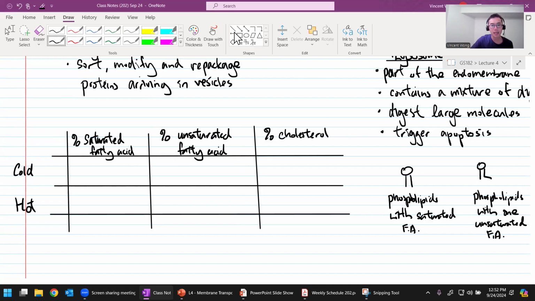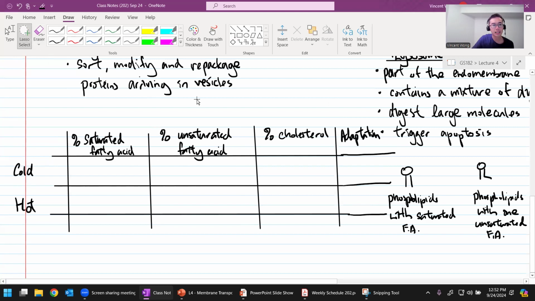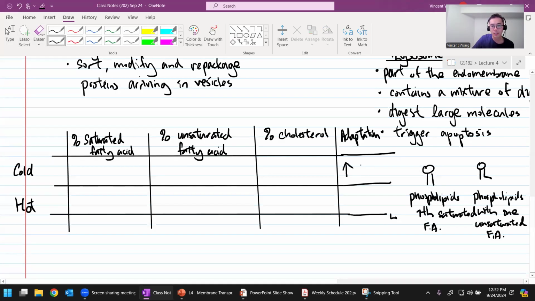Maybe we'll add an extra column here. We'll say adaptation. Adaptation is like how does it cope with the environment? And in the case of a colder environment, the adaptation we need is to increase fluidity. We don't want it to freeze up, so we need it to be more liquid.